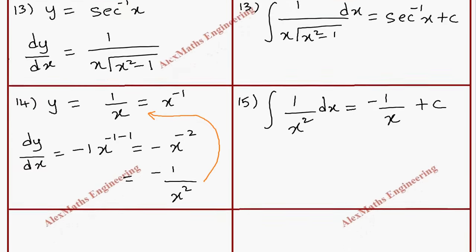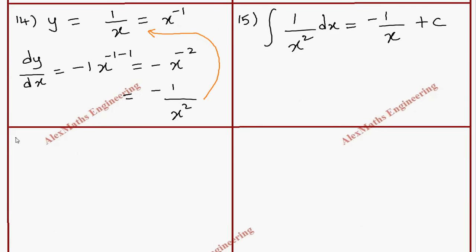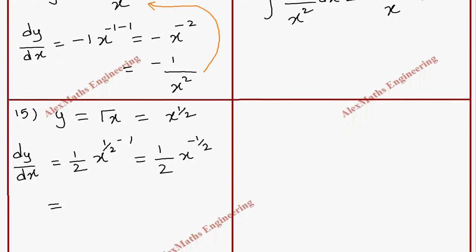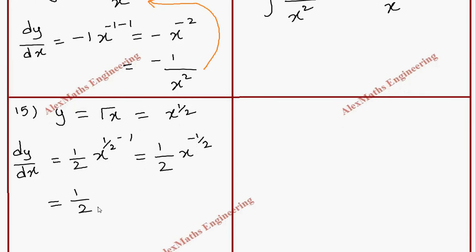In the same way, next we have y equal to root x. So this is nothing but x power half. When you want the differentiation of x power half, using the formula n x power n minus 1, which is 1 by 2 x power, if I simplify the exponent, we get minus 1 by 2, and this term can be carried to the denominator with x power half.